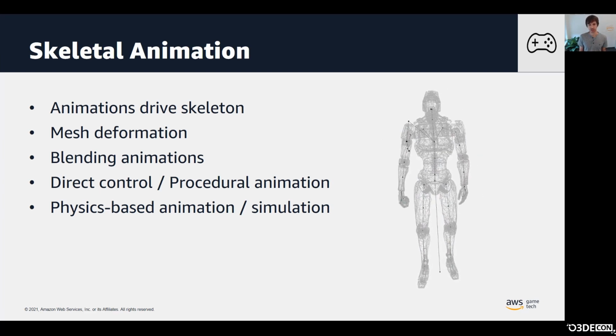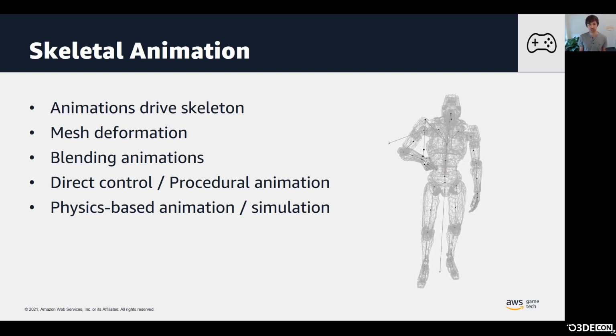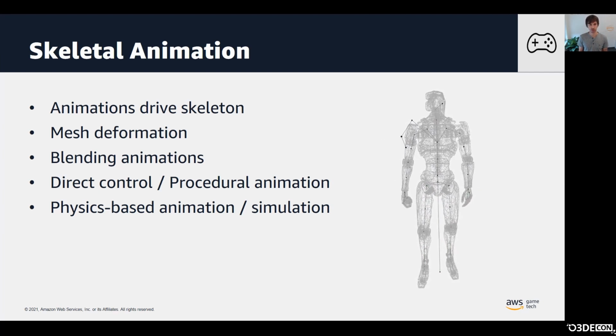Physics-based animation can be used to, for example, create a falling character using ragdoll simulation, hair or cloth simulation, or jiggle of body parts.